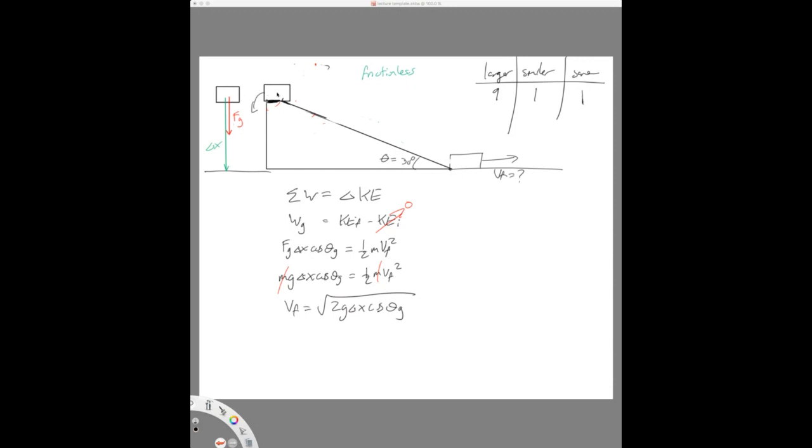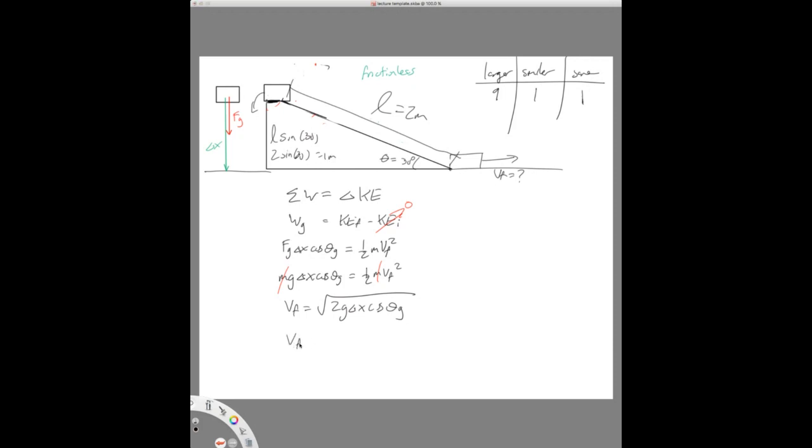And the delta x, if we wanted to figure out what that is, if the length of the track was 2 meters, then this is going to be L times the sine of 30, which is just 2 sine of 30, which happens to be 1 meter.